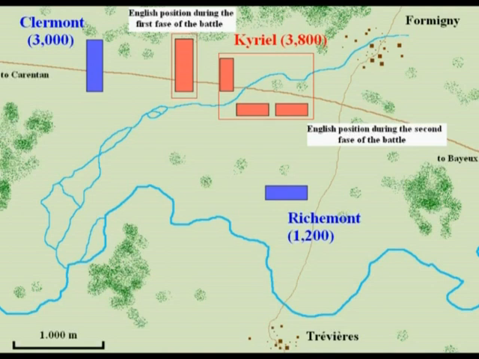At this point, the English scouts that had been sent forth withdrew, because they recognized this was the main body of the French army of Clermont, and they fell back.